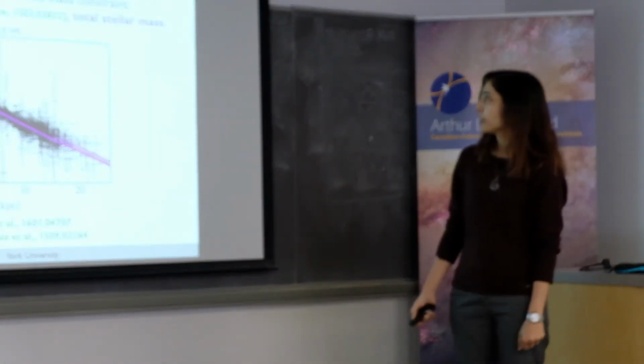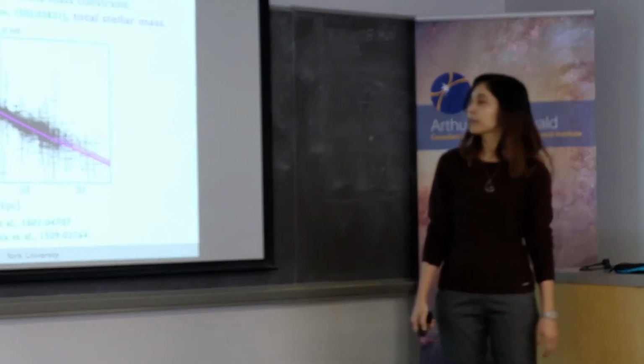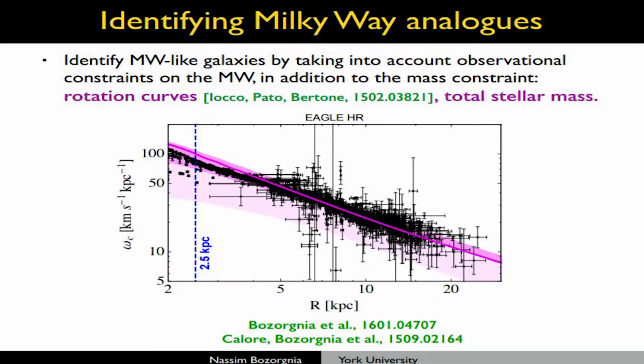So we used, in addition to the mass of the galaxy, which also has large uncertainties, rotation curve data that we have coming from this work, which was a compilation of many rotation curve data, about 2,700 data points here from all the references which had this data on rotation curves, and also the total stellar masses of these galaxies.